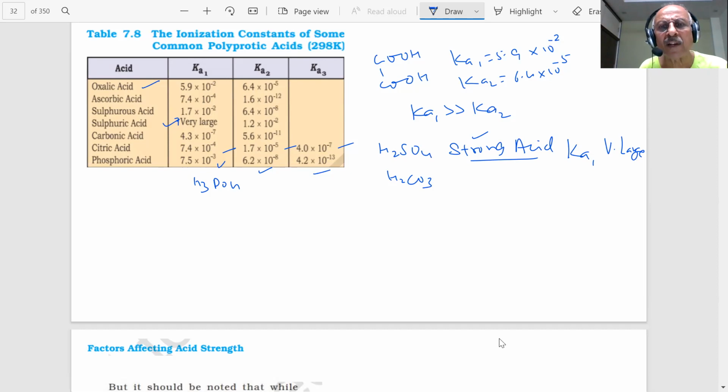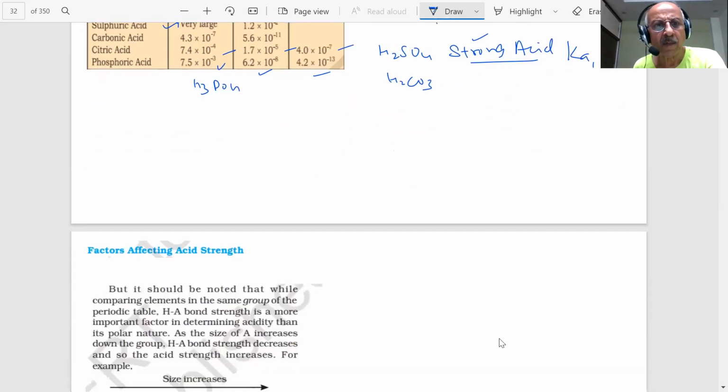So these values are telling us the strengths of the acids, the weak and strong acid variations. We can get some estimate from these values. Sometimes pKa or pKb values are given. We already know that.